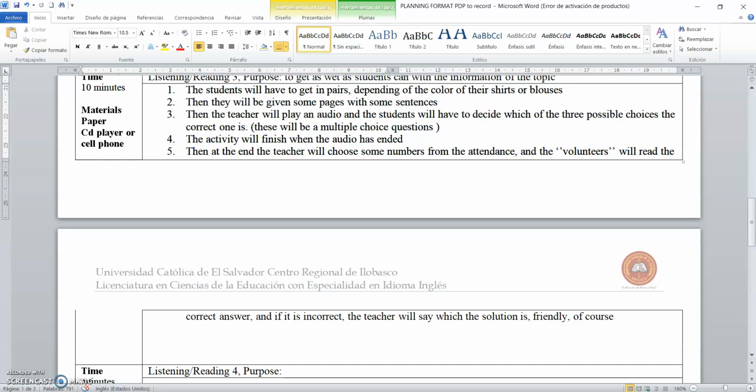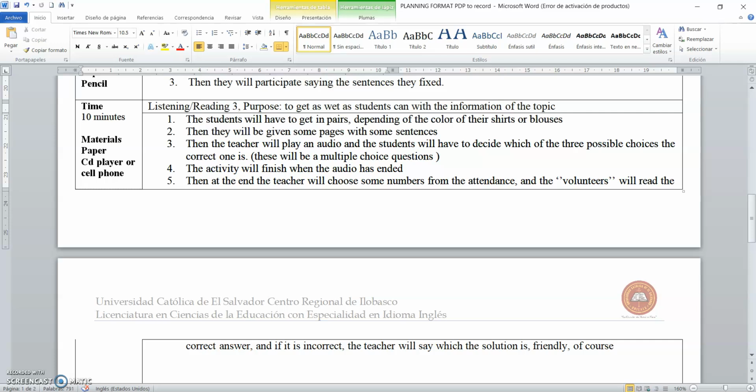Friendly, of course. We have to remember that we always have to be friendly with the students, even if they are incorrect in the answers, I mean. Because we don't have to kill their motivation. We have to make them feel comfortable.